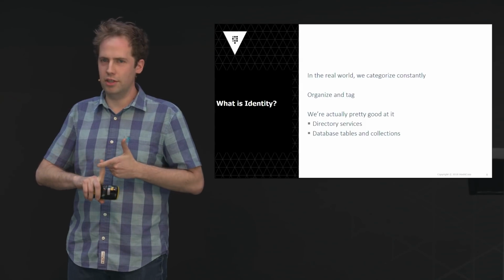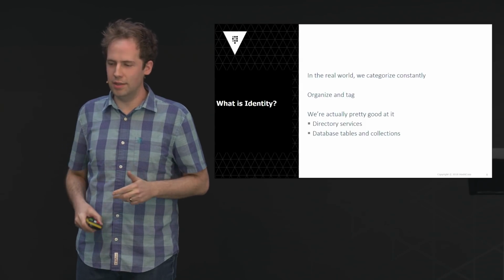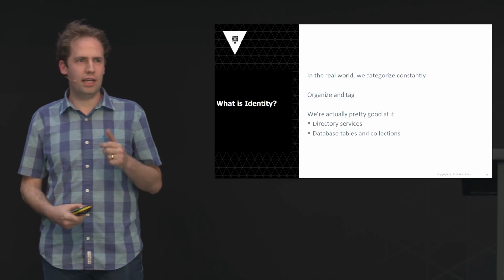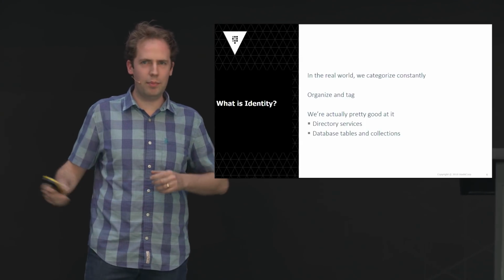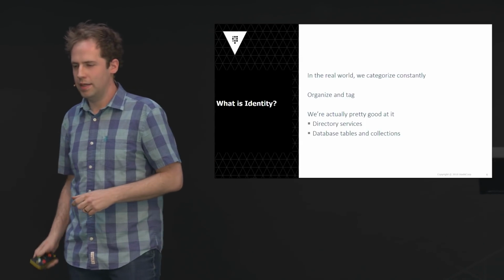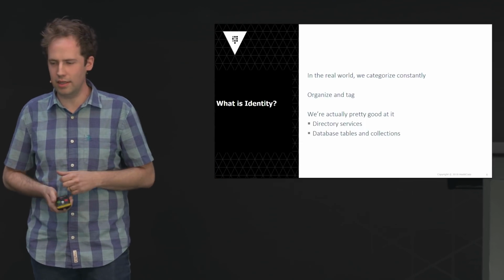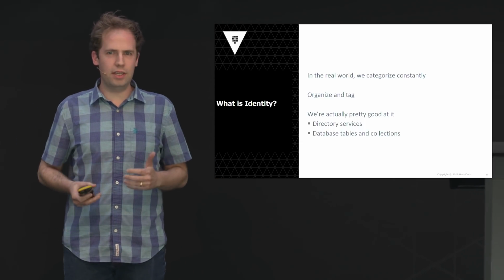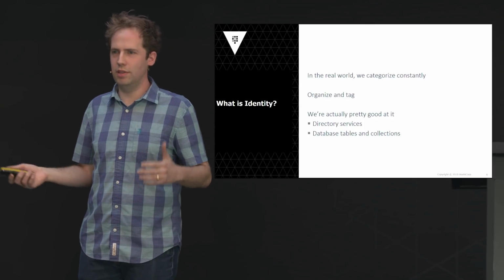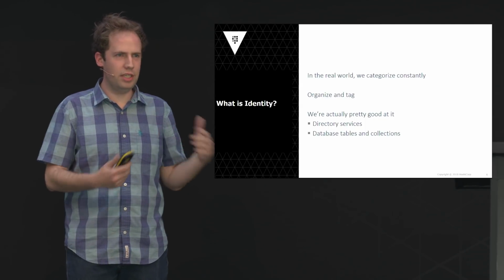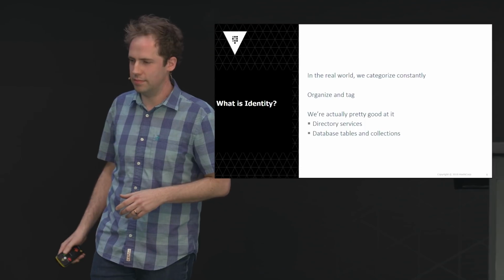What's your role, your type, your function? What are your tribes? And we're good at it, right? We have things like database tables, and they're relational, and we can map between things. We have directory services like LDAP and Active Directory and X5, all that kind of fun stuff. And that's all there to help us kind of make sense of the people that we are and the people that are around us and the machines around us and all those kinds of things.